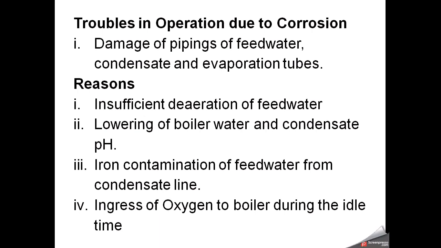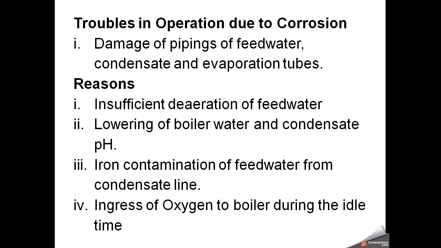So we have to operate with water at around 8 to 10 or 8 to 9 pH, depending upon the type of material. Then iron contamination of feedwater from the condensate line: the iron comes from the condensate line and starts depositing on the boiler with the attachment of silicate or other impurities.